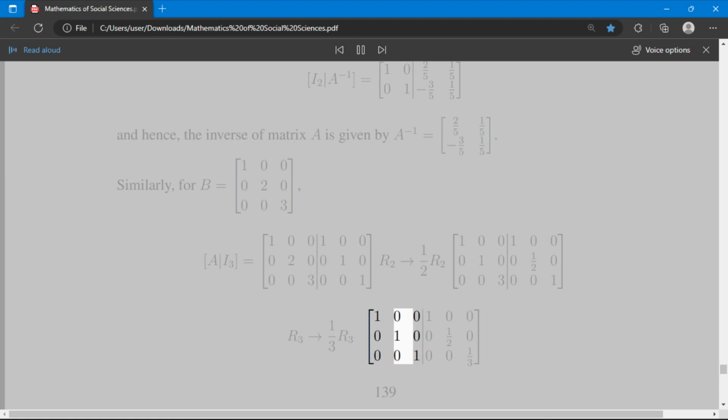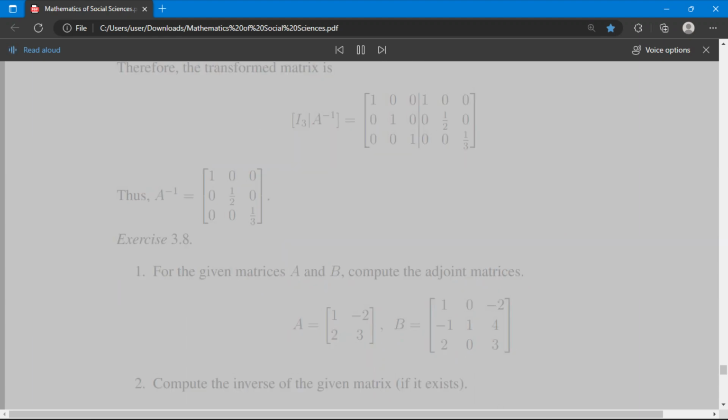R3 rightward arrow 1/3 R3, 1 0 0 0 1 0 0 0 1, 1 0 0 0 1/2 0 0 0 1/3.